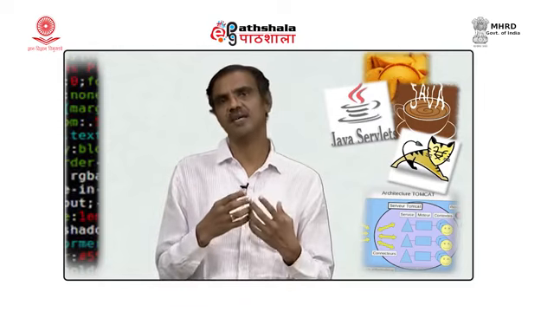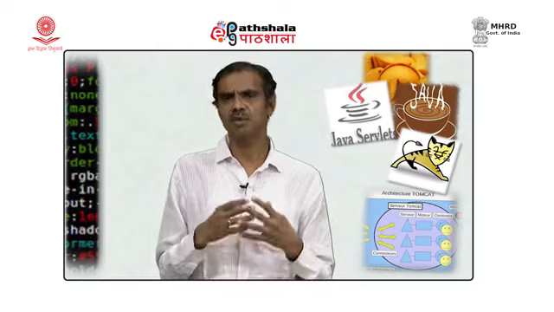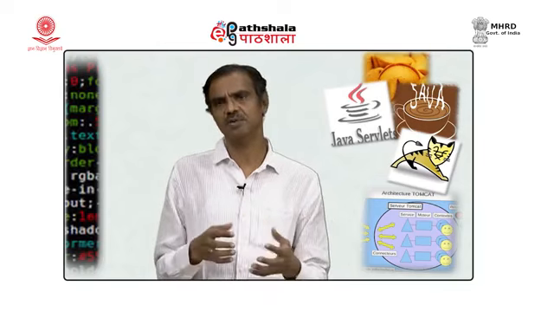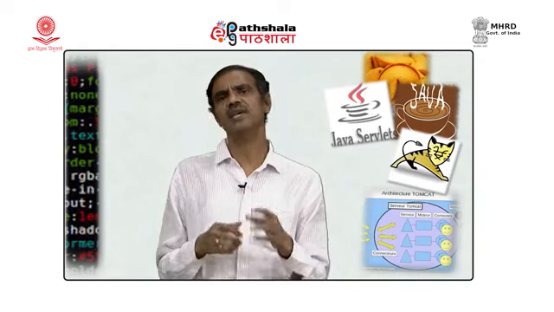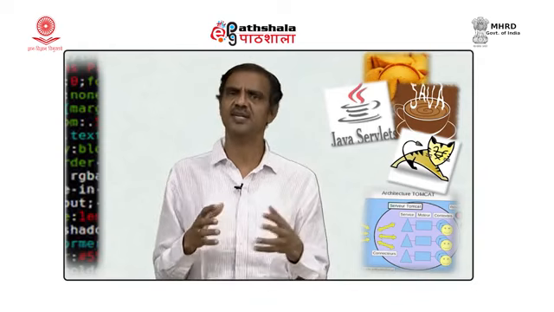So, what we need here on the server side is multi-threading. So, this is an example. The module 3 is actually a demonstration of how to develop a multi-threaded network server. So, whatever server we develop in module 2, in module 3 we have actually made it a multi-threaded server.